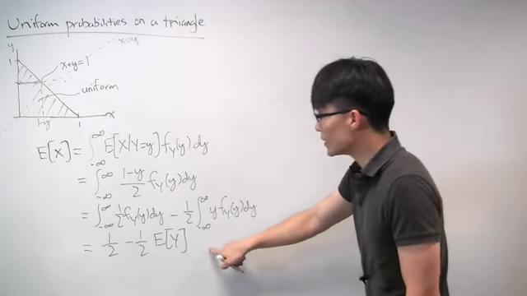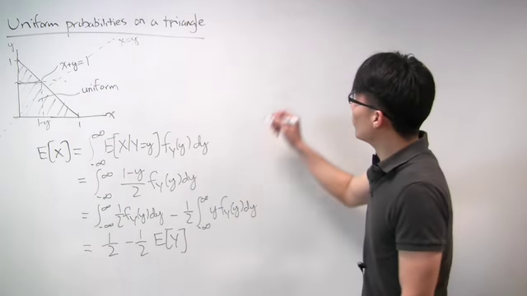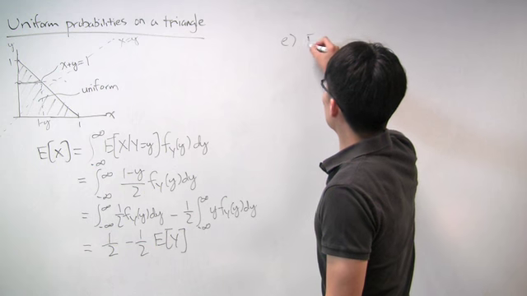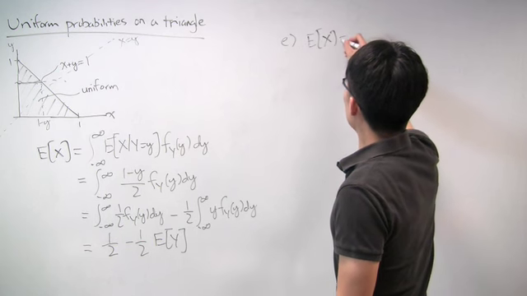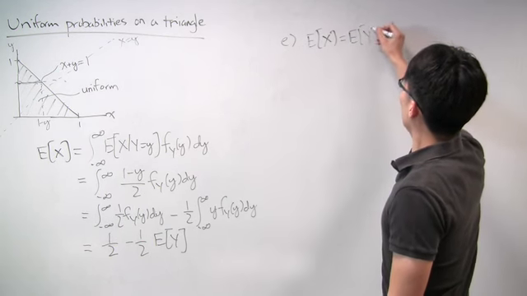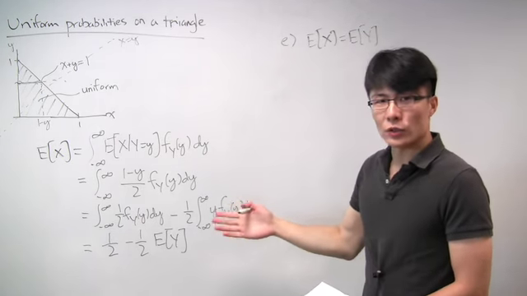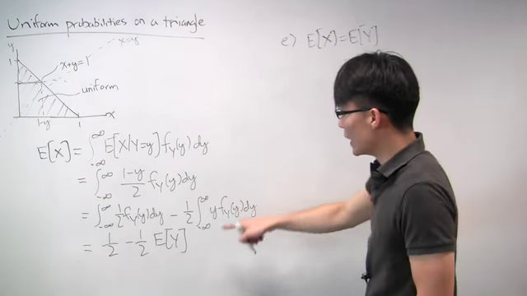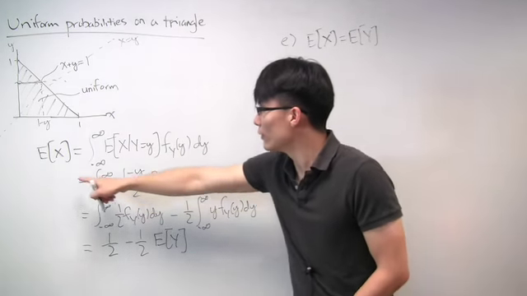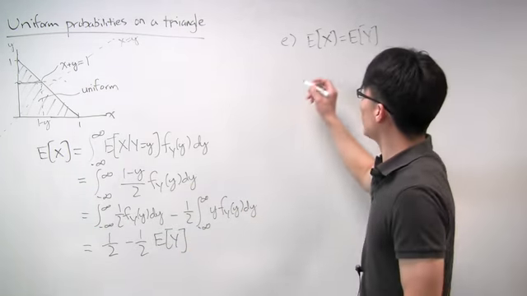So what that suggests is that by symmetry, it must be that the expectation of x and the expectation of y are exactly the same. And that is using the symmetry argument. And that helps us now because we can plug that in and solve for expectation of x.